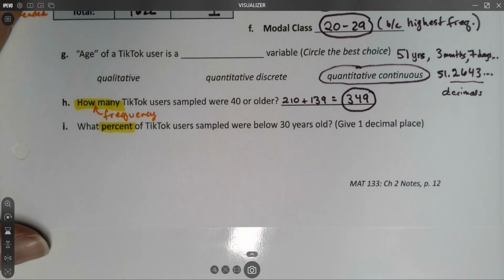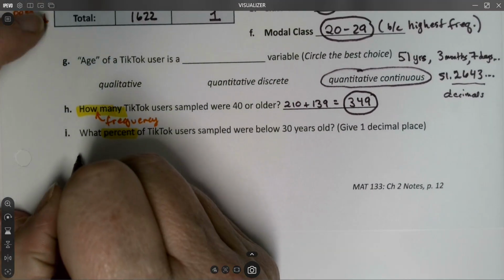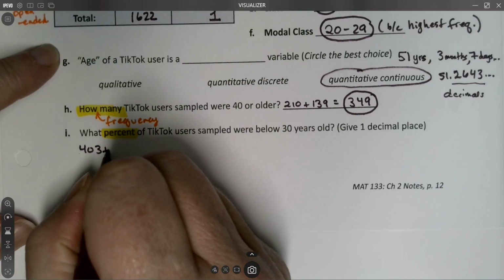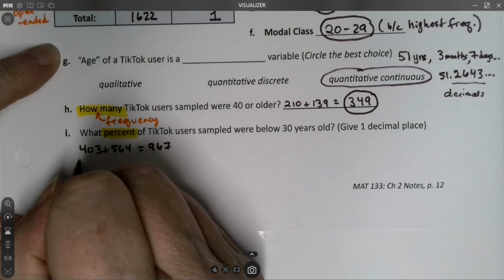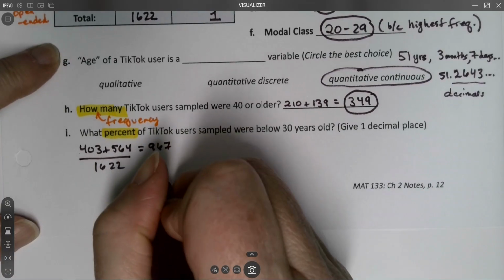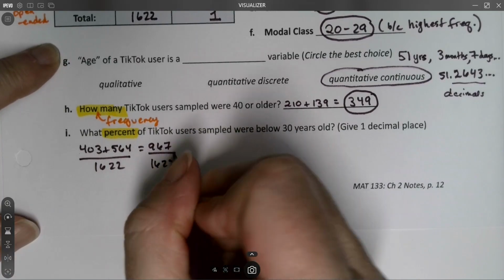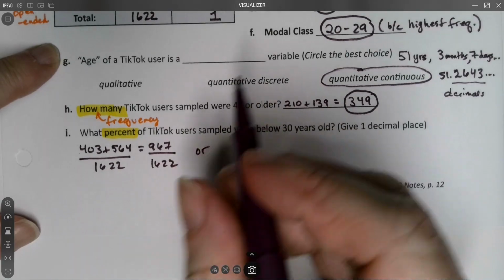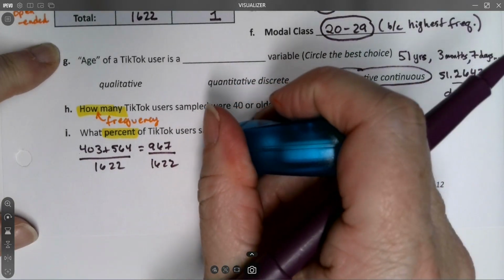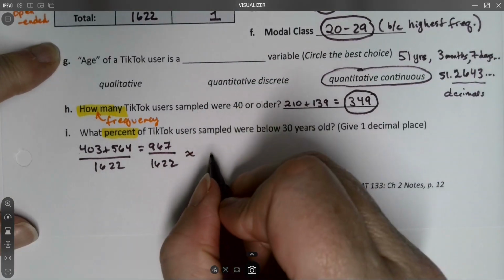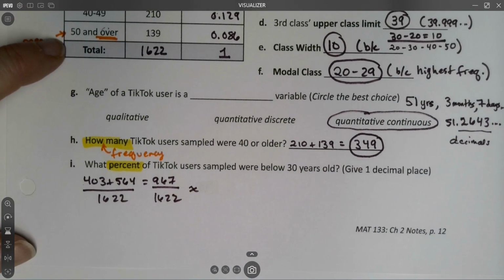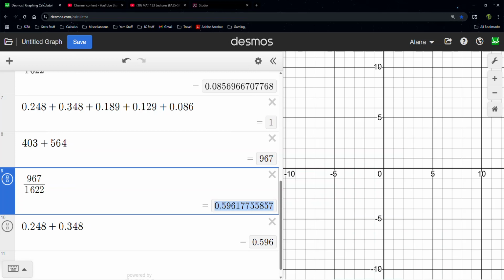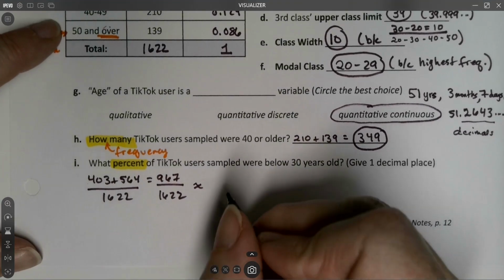So down here, we have to make a choice. You could say 403 plus 564 makes 967, and divide that by the total, which will give us a decimal, right? I forget what it was now. Well, I have to go back. 0.596.